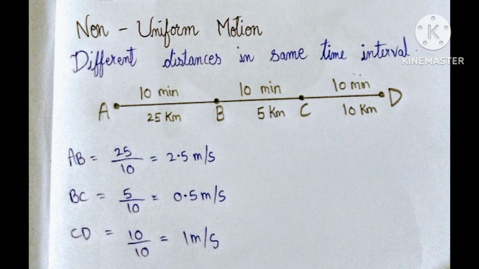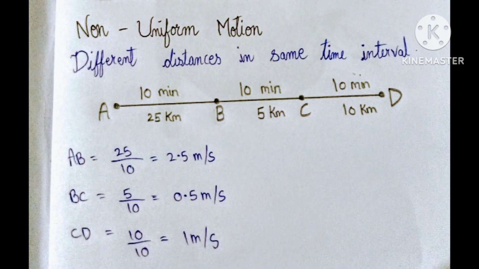Distance 25 km and time is 10 minutes, so the speed is 2.5 meter per second. From position A to position B, the speed is 2.5 meter per second. Then B to C, the speed is 0.5 meter per second. Then at last C to D, the speed is 1 meter per second.